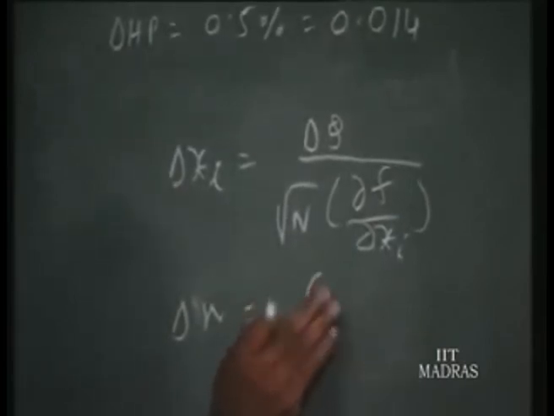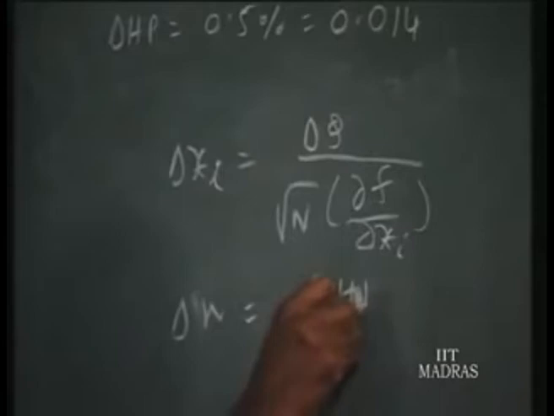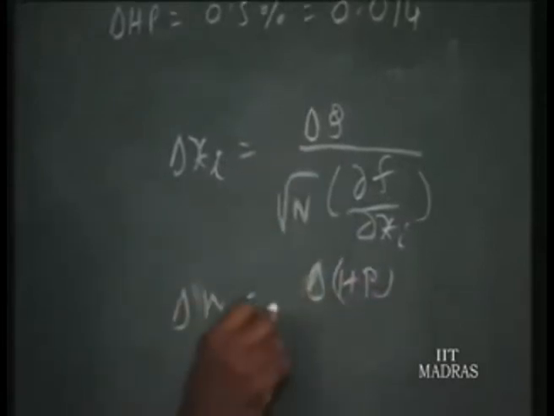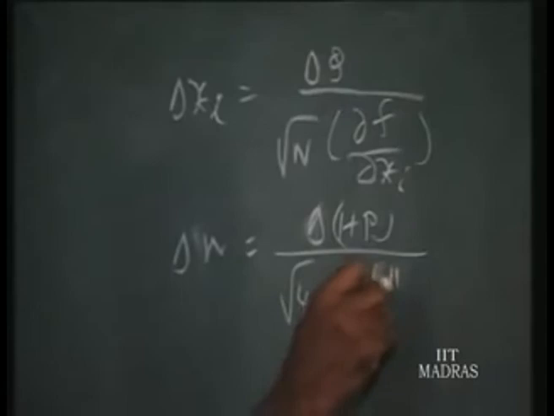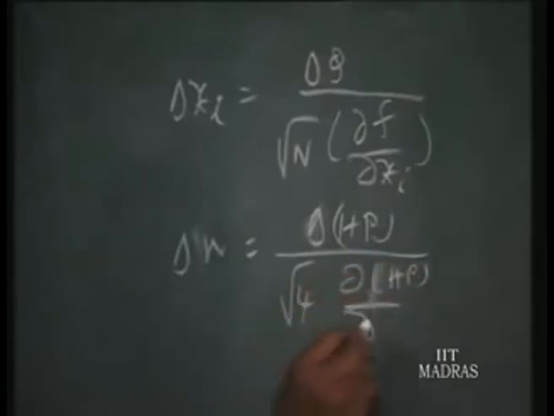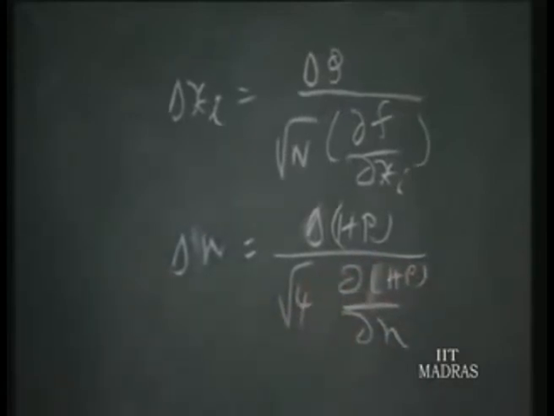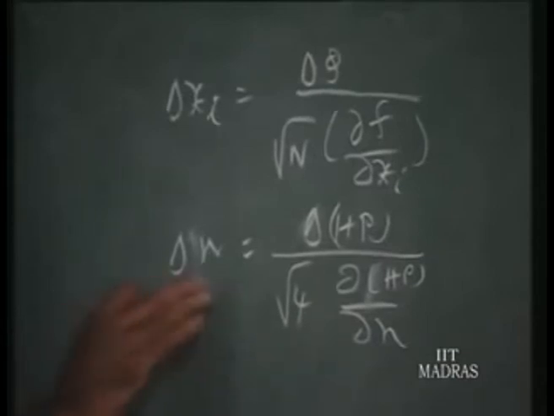Delta q is delta horsepower for this problem, root n here is root 4 as there are 4 measurements, and then dou hp by dou n. So, this is the equation for the rotational measurement instrument.